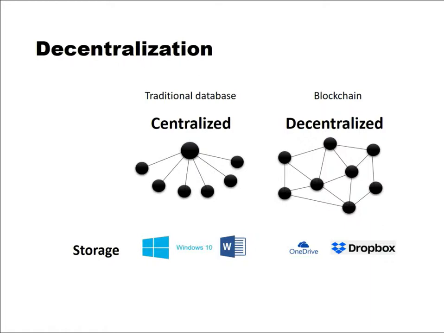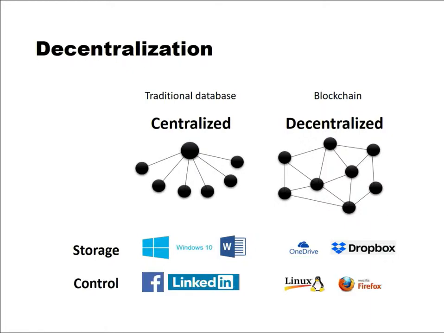Decentralized governance means that there is no single entity with full control over the data. On the other hand, centralized governance means that there is an entity who has full control of the data. Examples of decentralized governance include open source applications such as the Linux operating system and Mozilla's Firefox web browser.